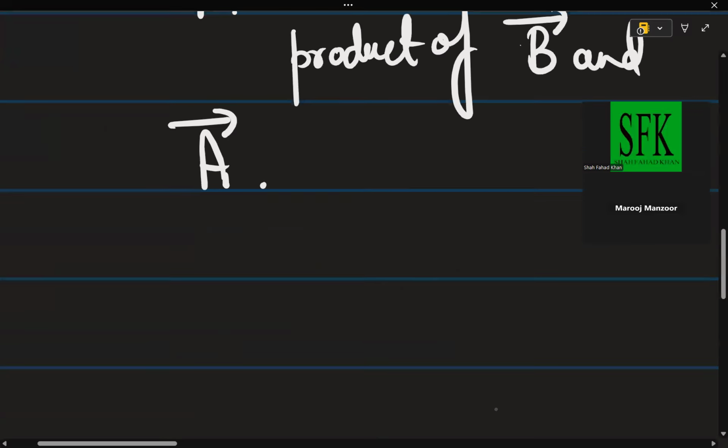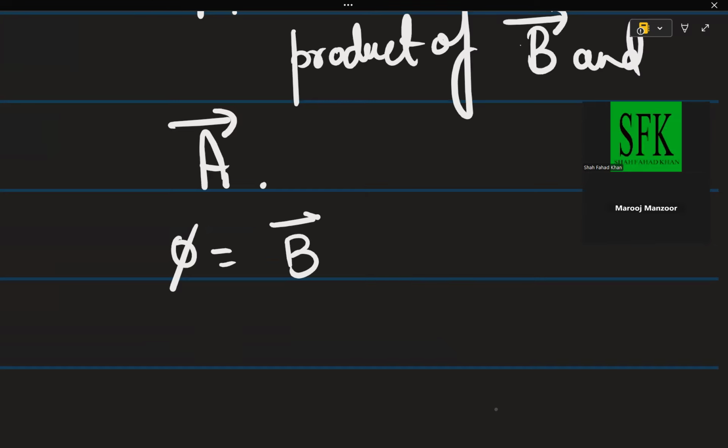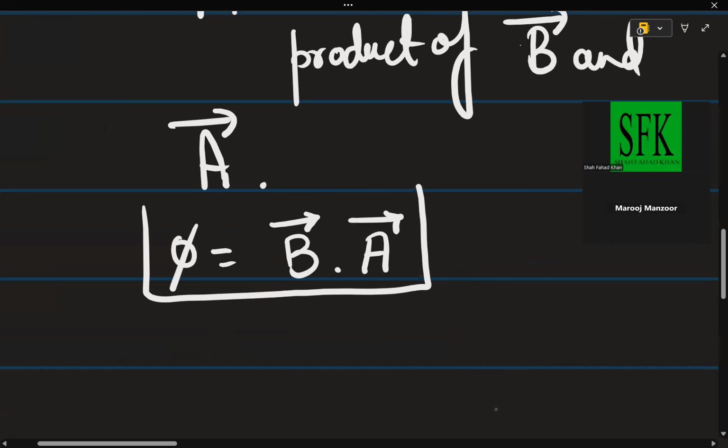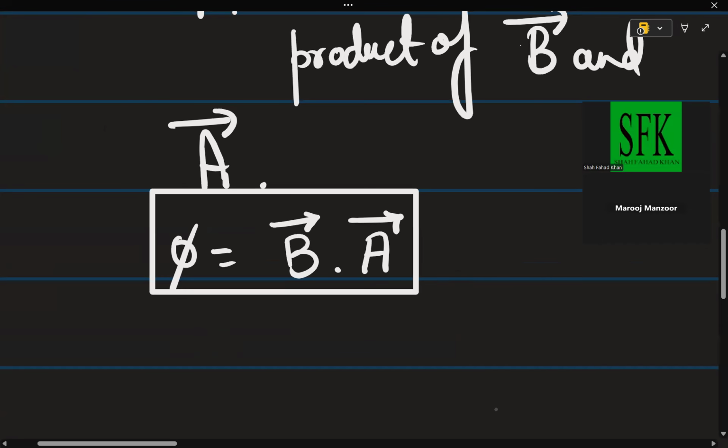So the definition is going to look like this. Flux equals magnetic flux density dot A. It's a scalar product, or the dot product, right? Dot represents the dot product or the scalar product.